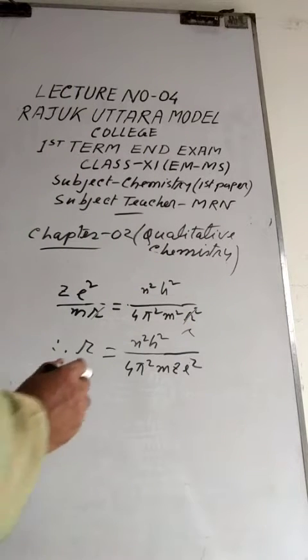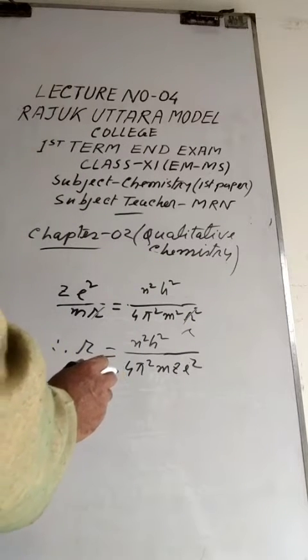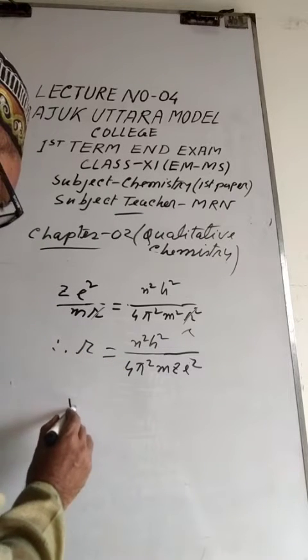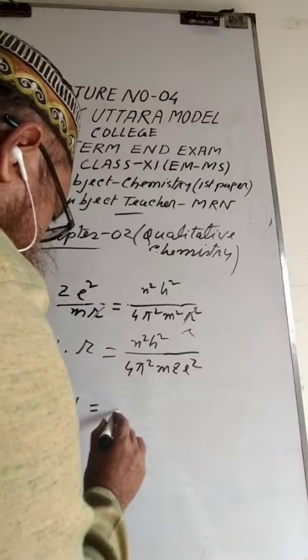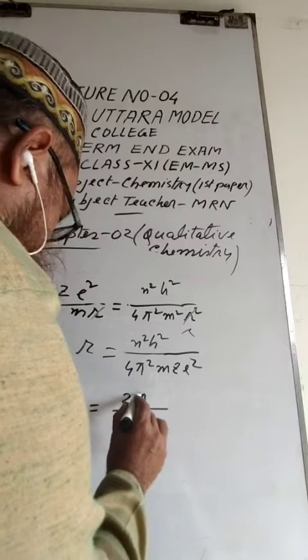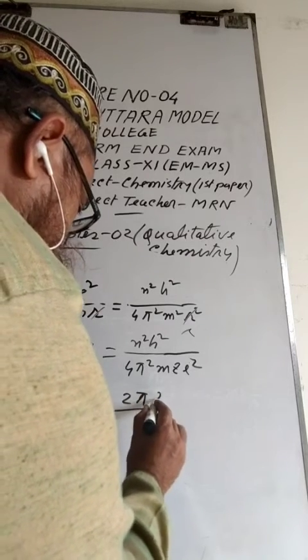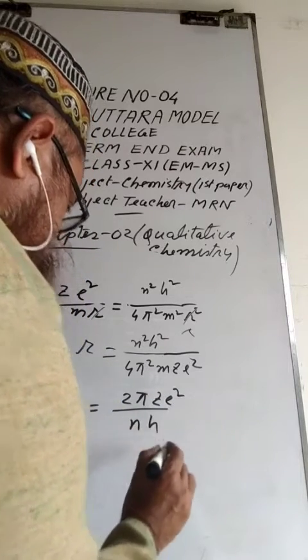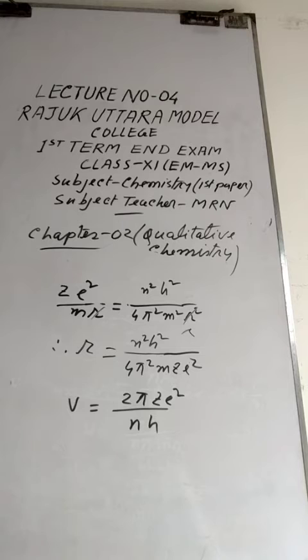So we got the value of r. Now putting the value of r in equation 2, we get v equals 2 pi Z square by nh. We got the value of r and v.